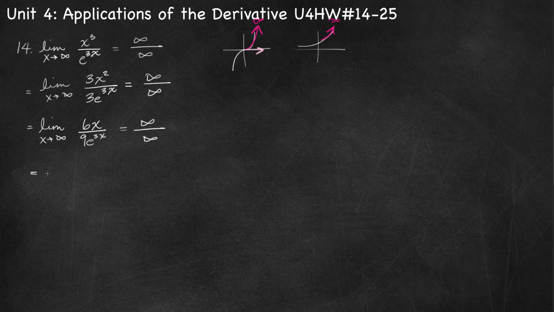So we can use L'Hopital's rule again. And this is going to equal the limit as x approaches infinity. I'll take the derivative of my numerator and get 6. Take the derivative of the denominator, I get 27e to the power 3x. And now when I substitute in an infinitely large number for x, I get 6 over infinity. And 6 over infinity is approaching 0. So my limit here is 0.